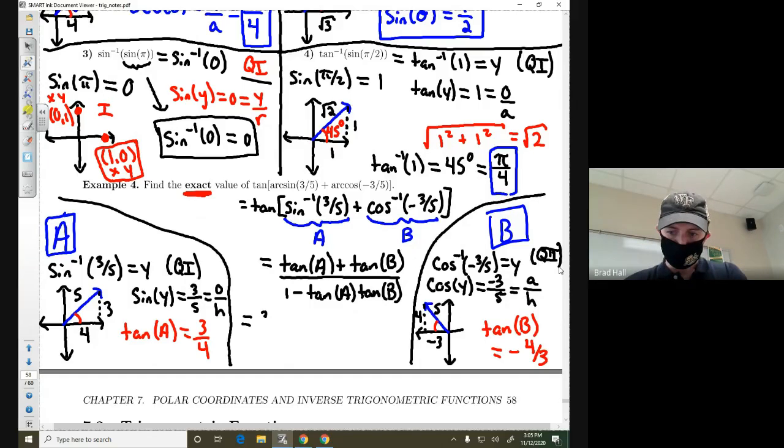Tan of A, that's 3 over 4, plus tan of B, that's negative 4 over 3, divided by 1 minus 3 over 4 times negative 4 over 3.